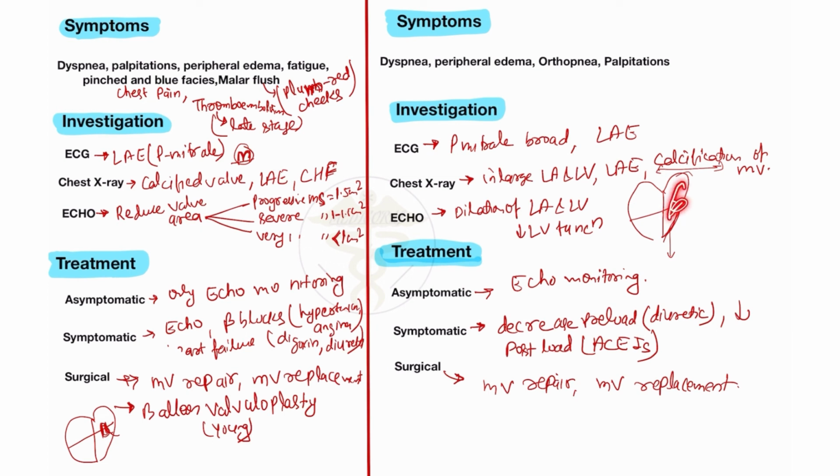There is no closing of the valve, so blood leaks from the left ventricle to the left atrium. So this is the closing problem, but that is the opening problem. The opening problem mostly occurs by calcification or rheumatic heart disease. So this is the difference between mitral stenosis and mitral regurgitation or mitral insufficiency.